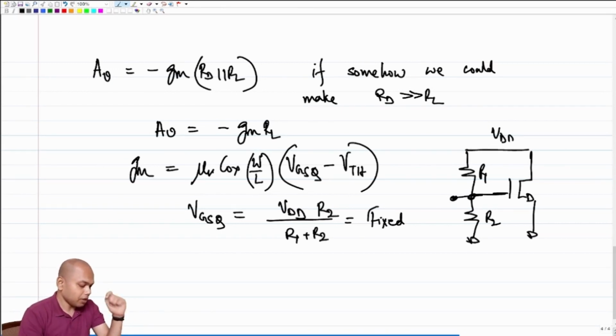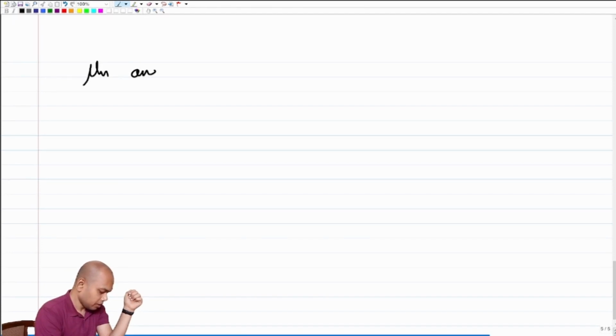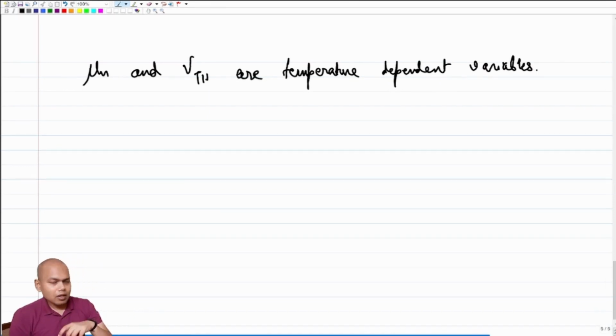You might be wondering why I am harping on this. The reason is the following. As it turns out, mu n and threshold voltage are temperature dependent variables, right?